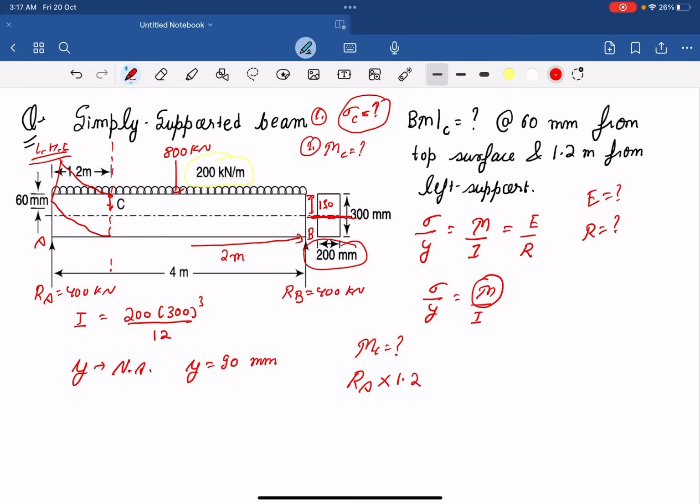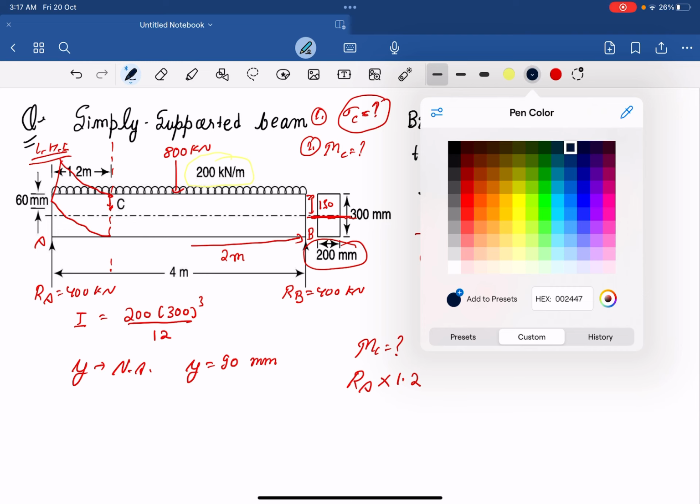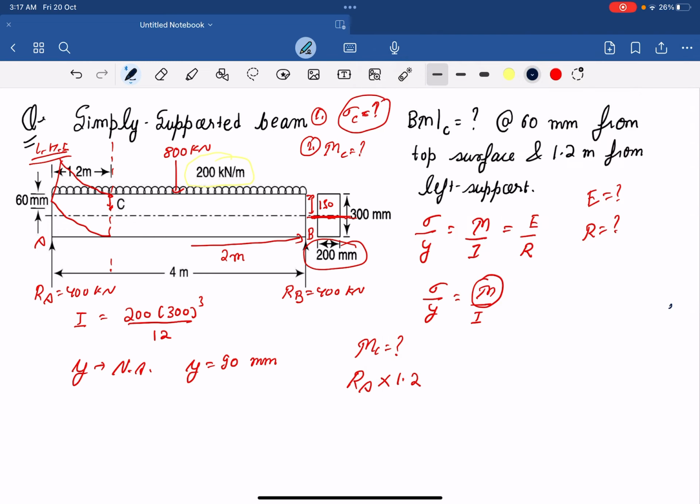Now a UDL is also acting here, and what about this UDL? So UDL is making this whole beam into a hogging, right? So the nature of this UDL will be negative. So what is the total load?